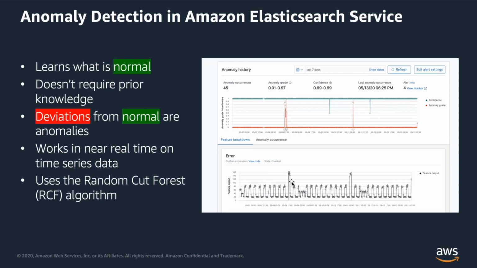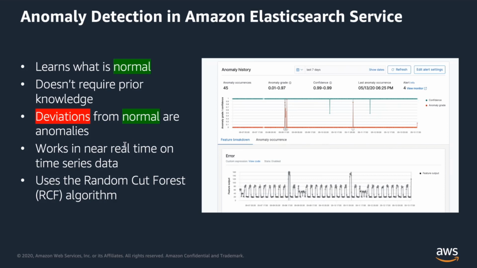But the algorithm has also learned to flag as anomaly whenever there are deviations like this and this. And those do get flagged, like you can see here. This is marked as an anomaly. This was identified as an anomaly, and there were alerts that were sent out.